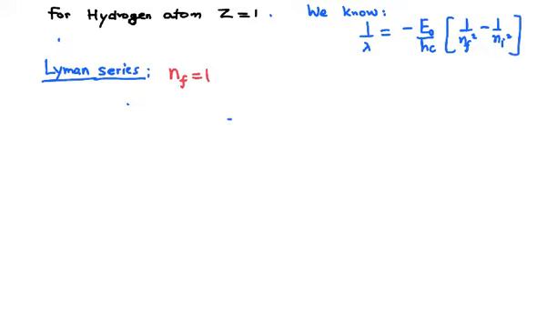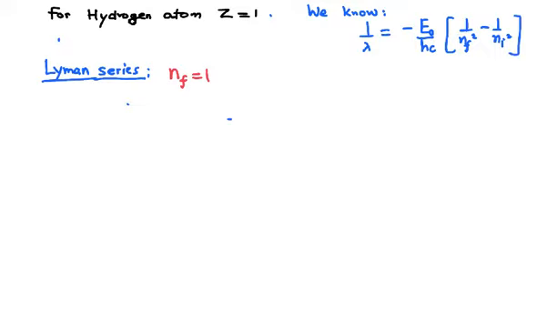So we have seen so far the Lyman, Balmer, Paschen series. Let me also show you how to calculate the wavelength for such series. So we start with what we know. We know how to calculate the wavelength if we know the initial and final values of n.